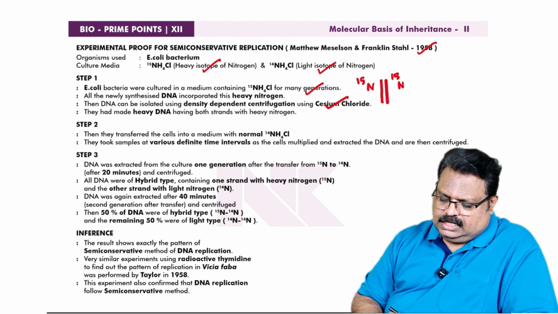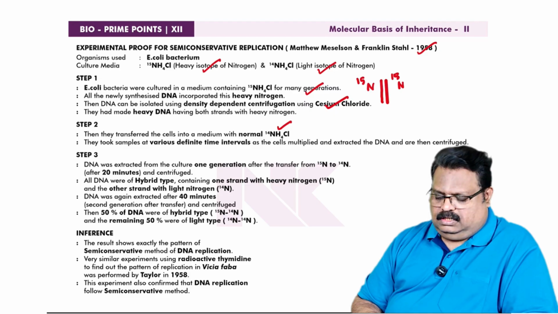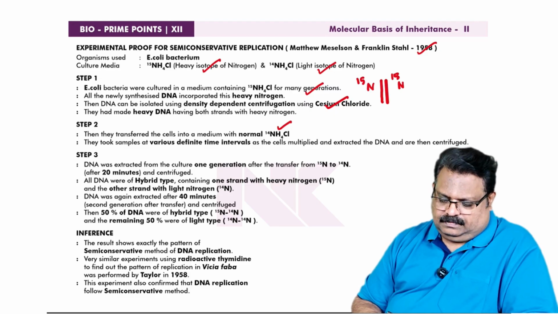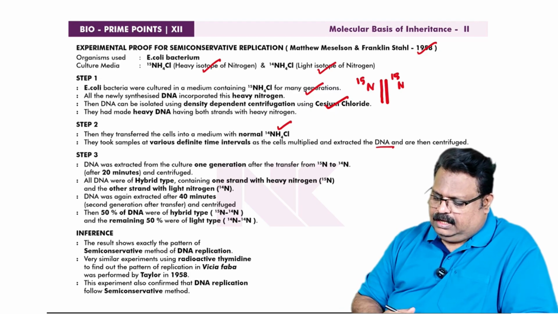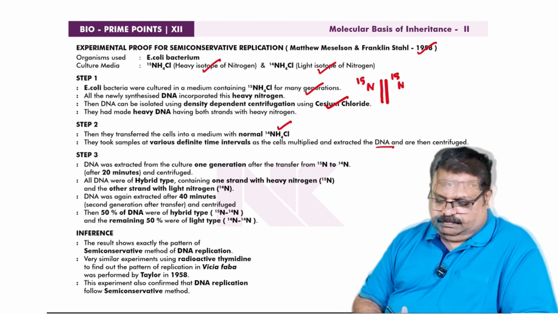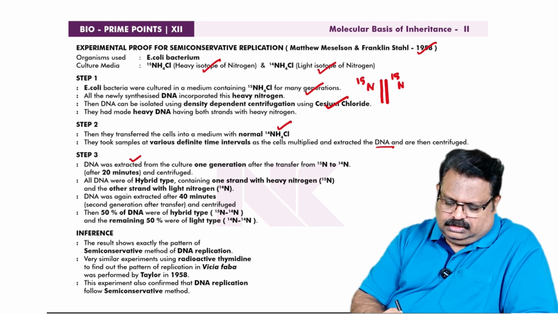Then they transferred the cells into a medium containing normal ammonium chloride solution with the light isotope of nitrogen. They took samples at various definite time intervals as the cells multiplied and extracted the DNA, and then centrifugation takes place. The DNA was extracted after one generation, that means after 20 minutes. Then they are centrifuged.